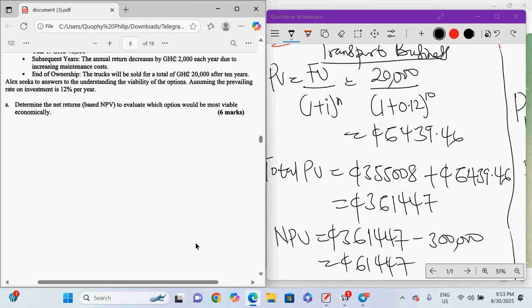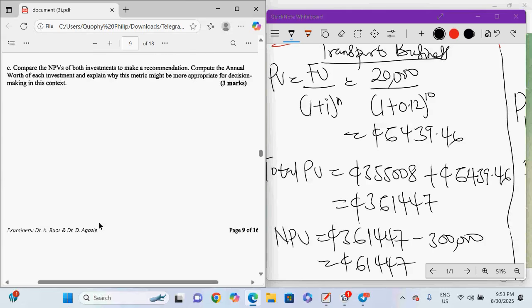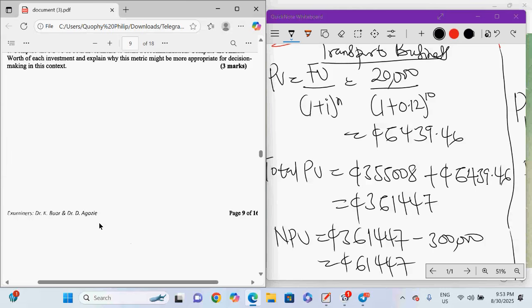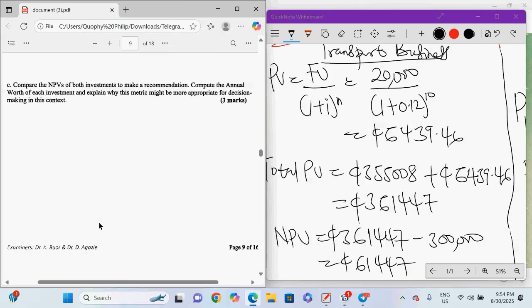Okay, then we move to the C. Let's do the C. Read the C. Compare the NPVs of both investments, make a recommendation, compute the annual worth of each investment, and explain why this metric might be more appropriate for decision making in this context.